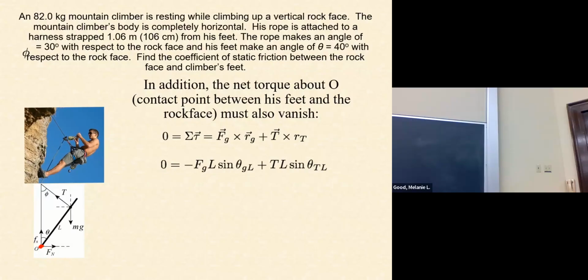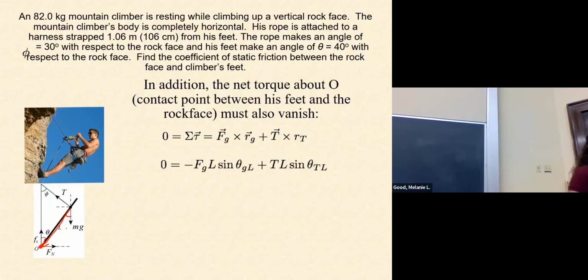Everybody follow that? Okay, so now it remains only to define what these angles are. What is the angle between the force of gravity and this lever arm? And what is the angle between the tension force and that same lever arm? So this is my R that I'm considering.